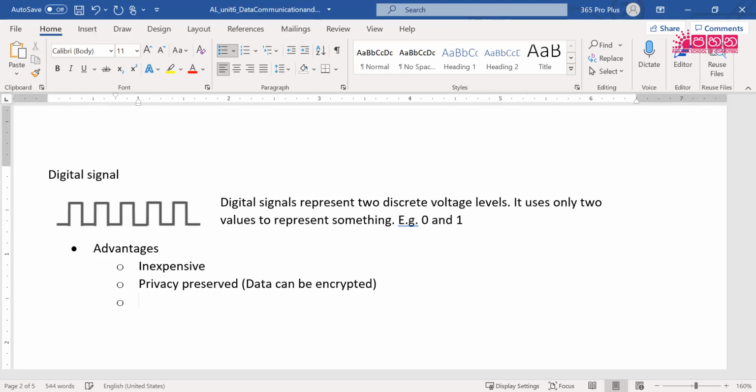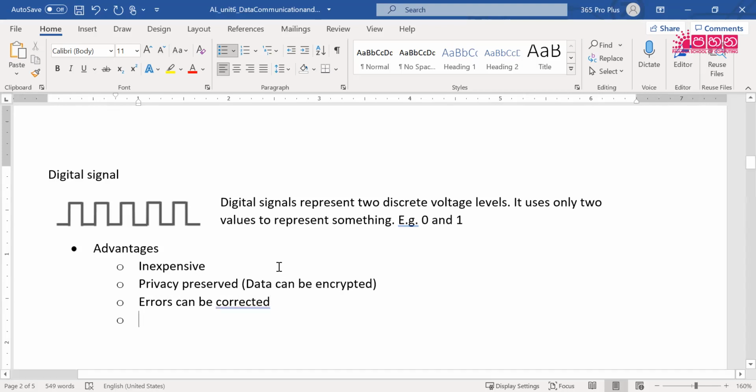For security, I told you, data can be encrypted, meaning you can jumble it so nobody can understand what this is. Error correction is possible. Errors can be corrected, right?